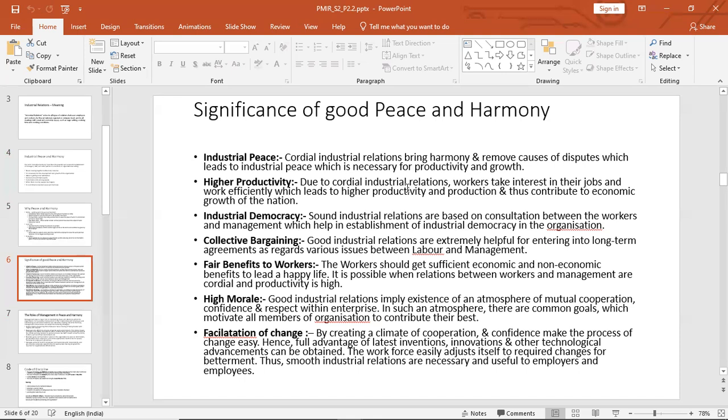Suppose you have good relations between the employees, everything is fine and well in your organization. Production is going perfectly fine. So what is the impact on the overall economy, overall business, overall employee as well as employer? Productivity will increase.